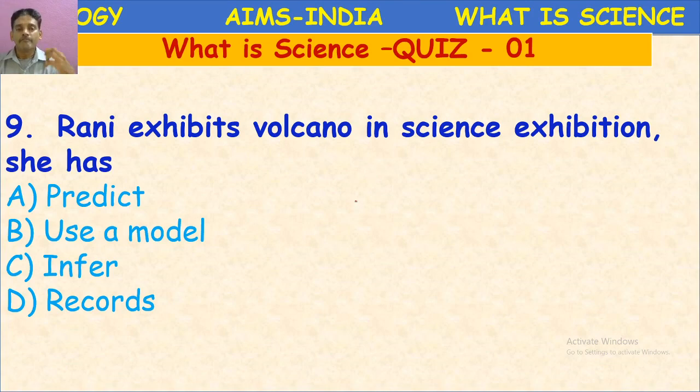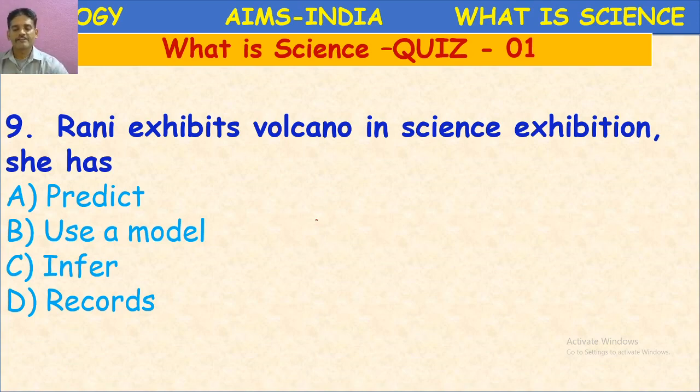Why? Because that scientific temper is present in only few people. So that attitude from childhood onwards you have to develop. Okay. So what is that? Here Rani exhibits volcano in science exhibition. She has which skill?